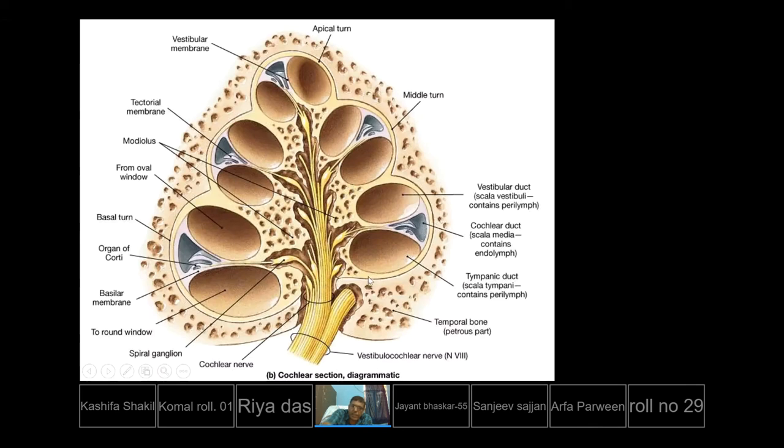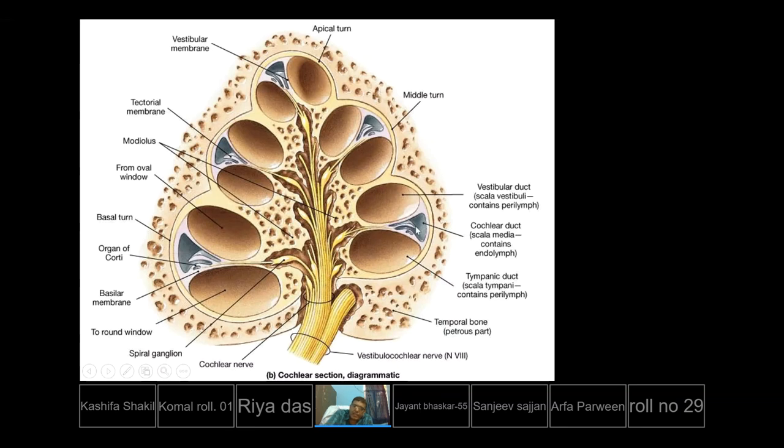So this part is actually lodged by the membranous labyrinth, the membranous cochlea, which we also call scala media. Then what happens? Now see, this whole cavity is divided into three parts.